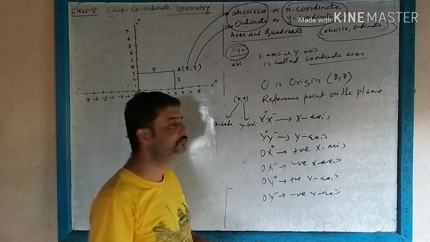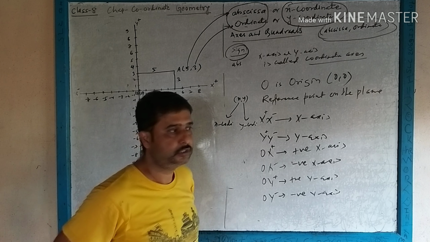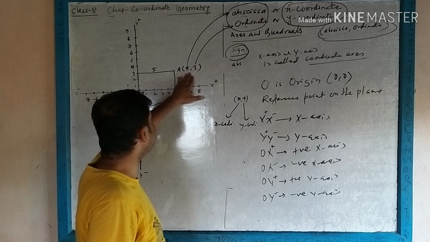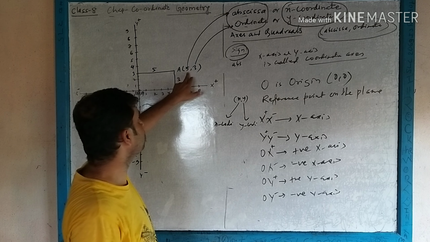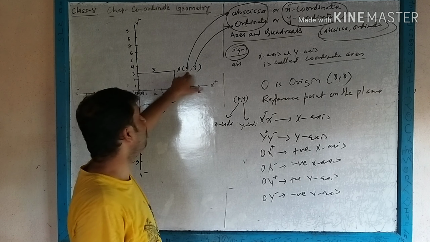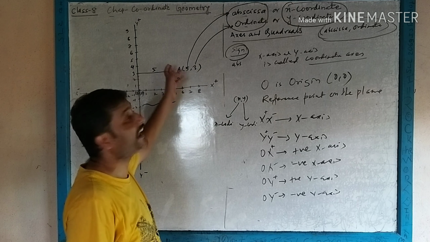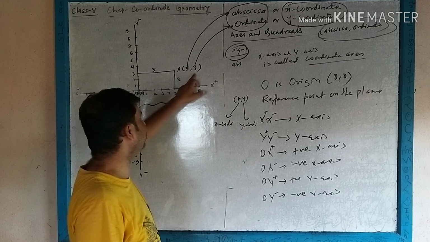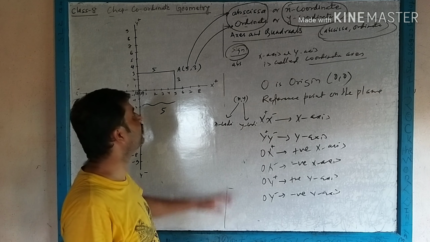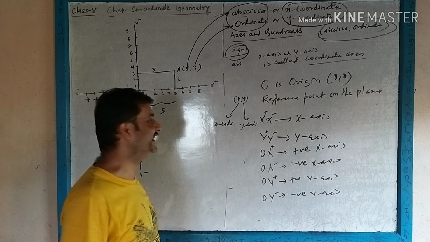Where it lies is based on its position. So the point A is 5, 3. Here 5 is the abscissa, that is the x coordinate, and 3 is the ordinate, or y coordinate.